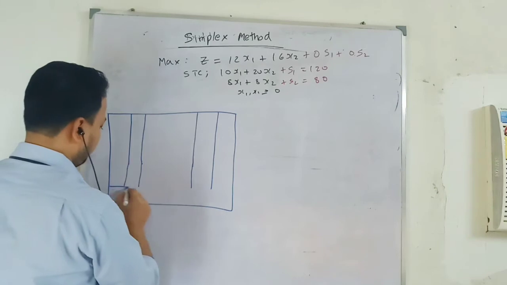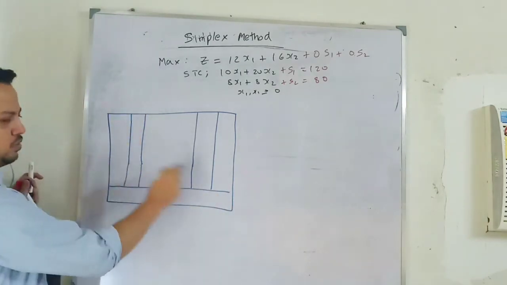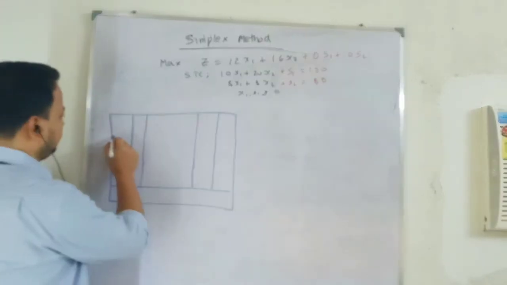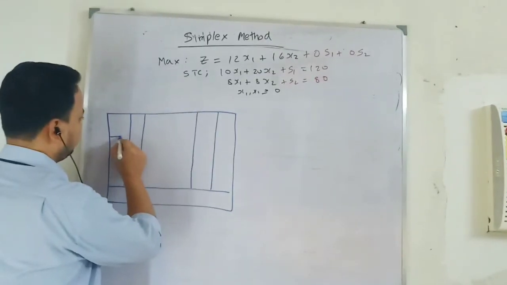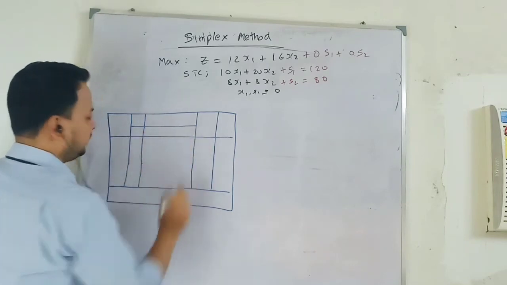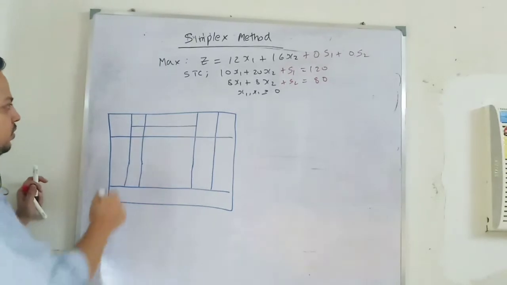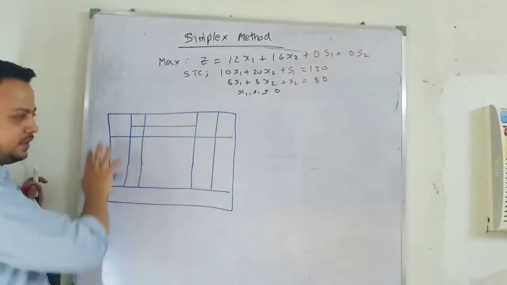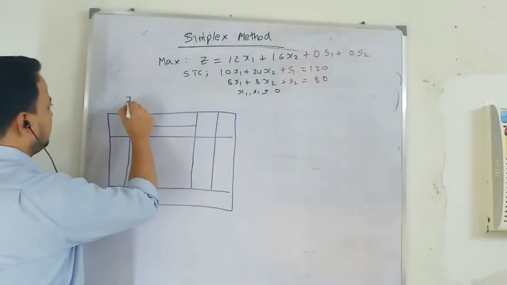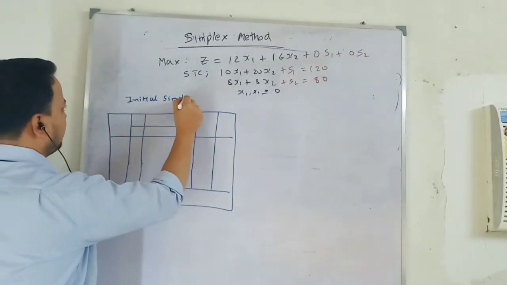I am telling you how to do it. First draw like this, then draw a line here, then one line in between. In this way you construct your table. Then I will place the values. This is your initial simplex table.